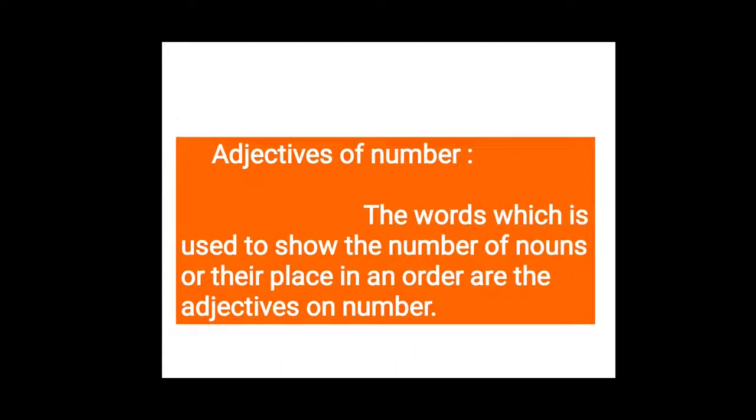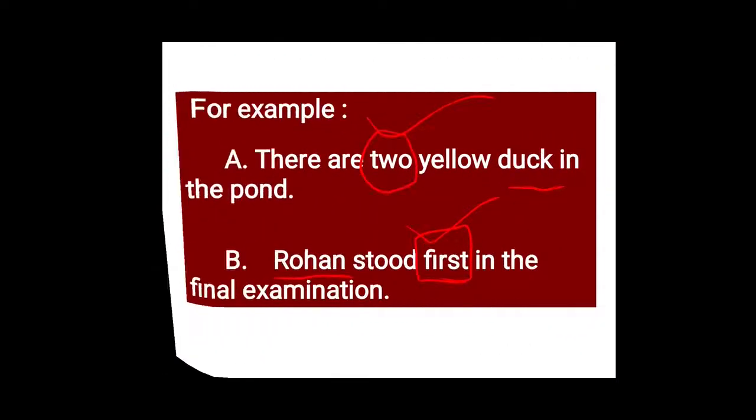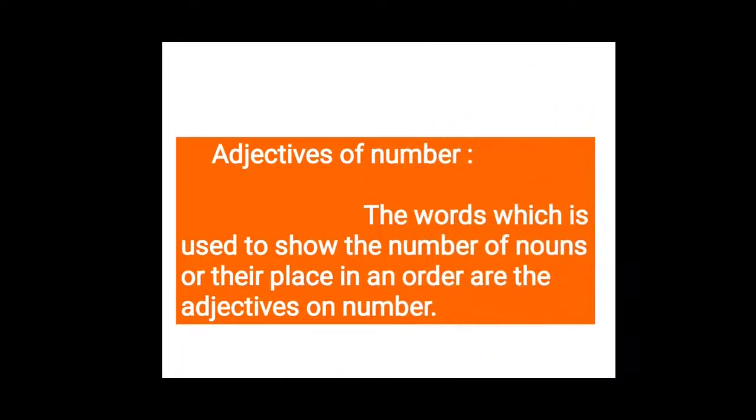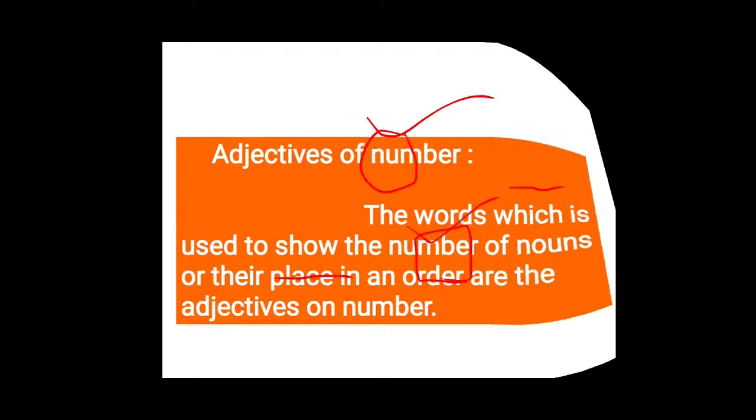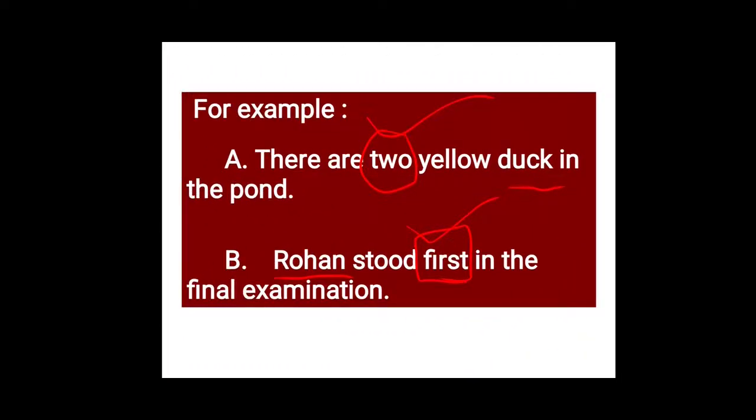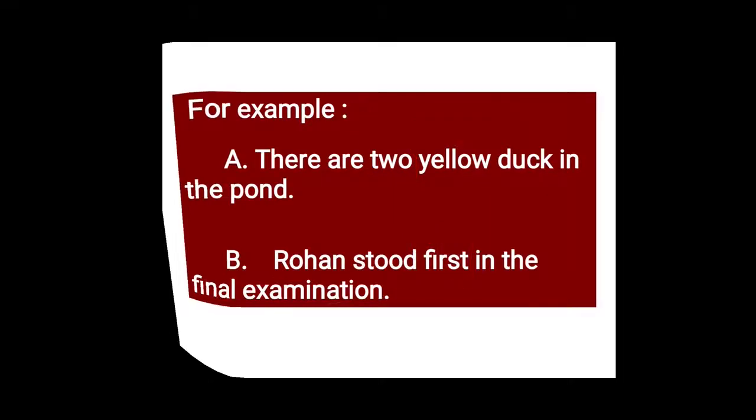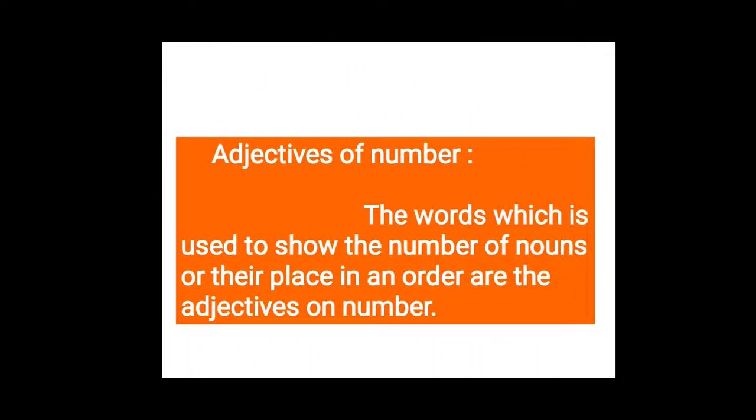Here in the definition you can see the first one is to show the number of the nouns, which is reflected in example A, and the second point is the place in an order, and this has been reflected by example number B. So now students, I hope that you have clarified adjectives of number.